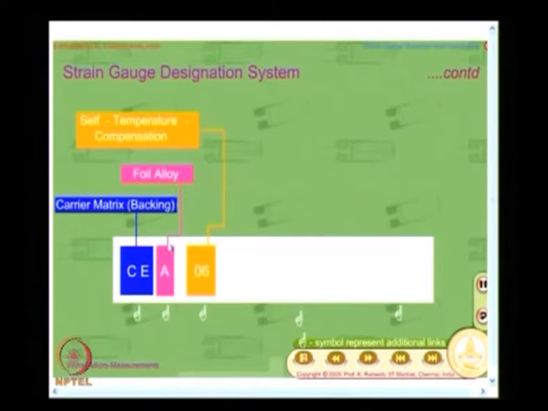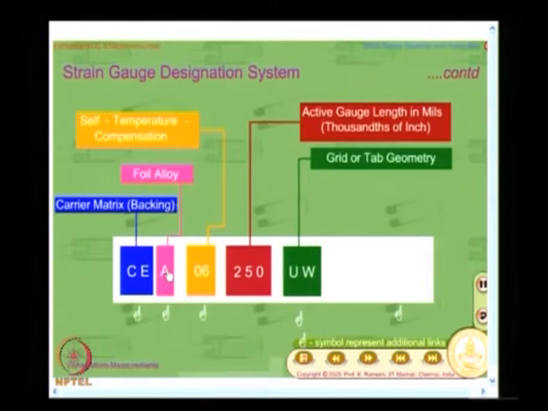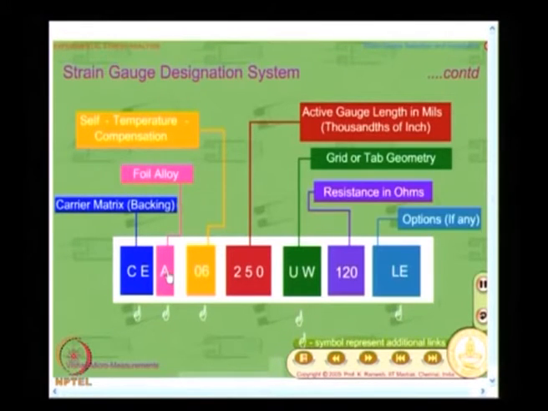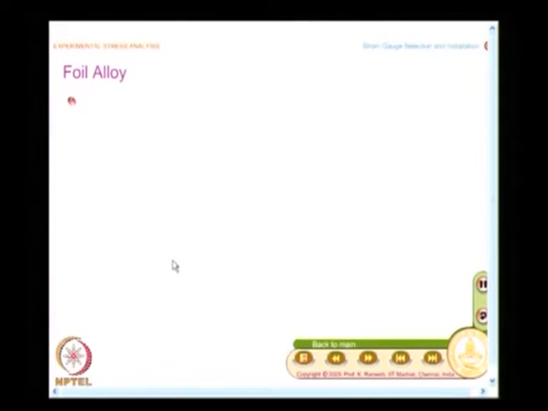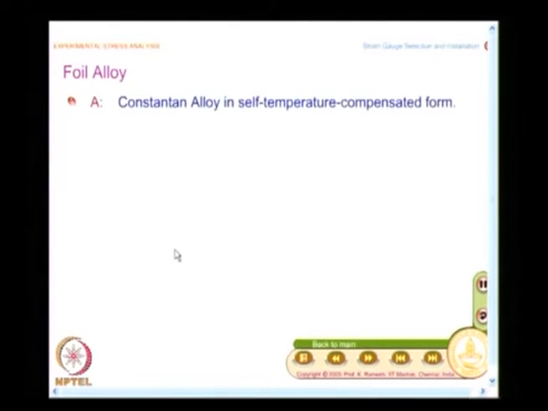And if you go to foil alloy, you will have symbols for advanced, constantan, because I am going to show you some strain gauges from Vishay Micro Measurements. You should be able to find out what these strain gauges are in reality. And A denotes advanced, a constantan alloy in self temperature compensated form.